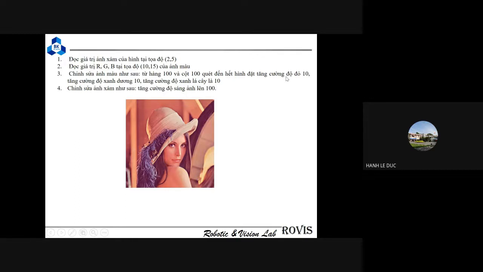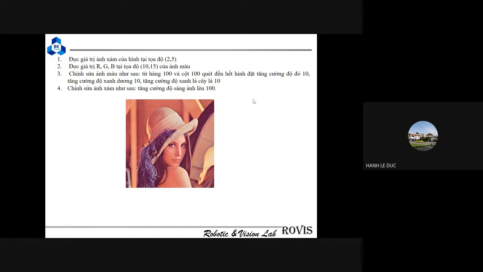For example, increase the intensity of red color, and increase the intensity of the blue and green color. And then another is to adjust the intensity of the grayscale image, something like that.